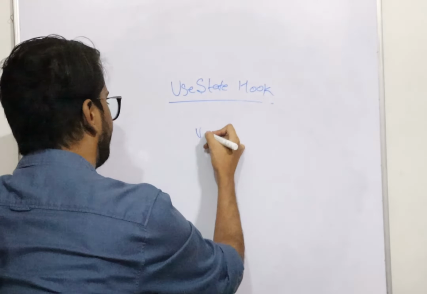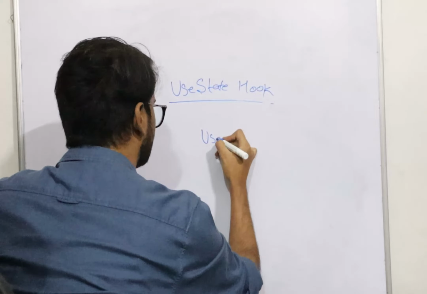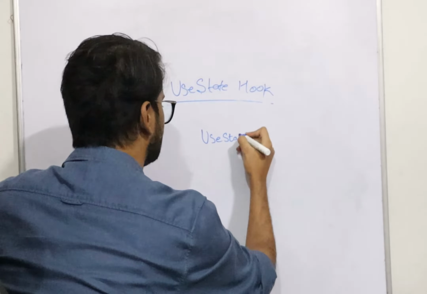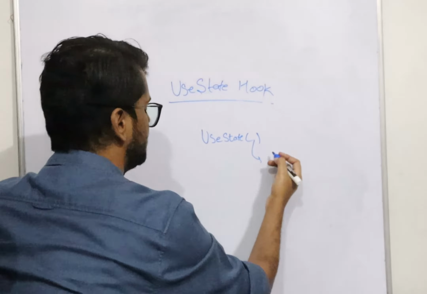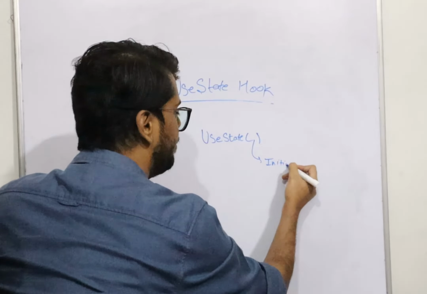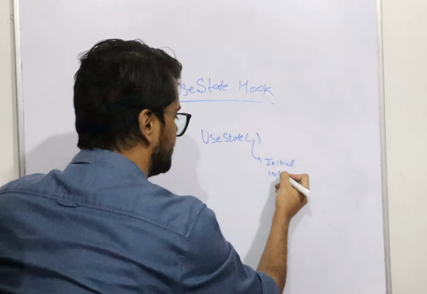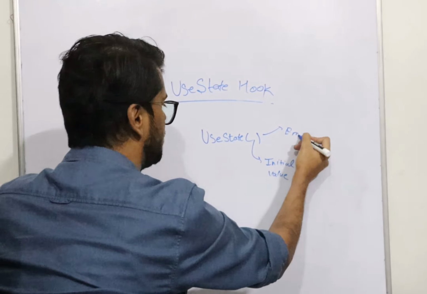As I said, it is a function. So I can do useState and invoke it. And in here we can pass any value that we want to pass initially. This can be an initial value. It can be empty or with some value.